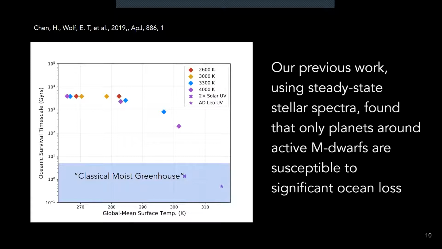Even in cases in which the stratospheric water vapor mixing ratio goes beyond or enters the Kasting 88 classical moist greenhouse threshold, the thermospheric hydrogen is still low due to a range of reasons.